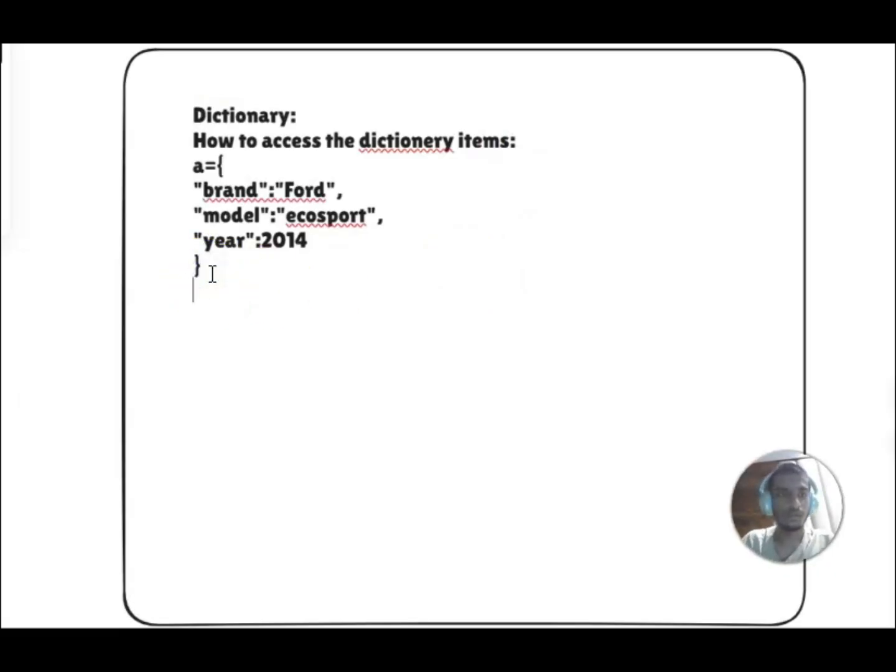When you want to access a model, instead of an index value, we use the key name. If we want the model, we add the model key enclosed in double quotes.